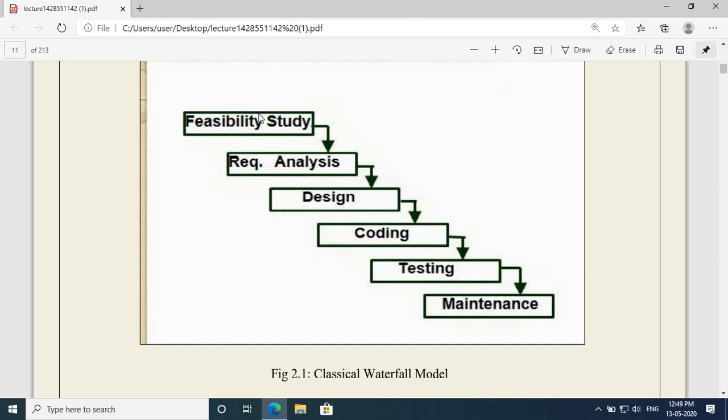And second, after full completion of the feasibility study, we can go to the requirement stage. After full completion of the requirement stage, we can go to the design stage. After full completion of the design stage, we can go to the coding phase. That means after completion of one stage, we can go to the next stage. The second drawback is that we cannot move backward. That means if during the testing phase there is a problem in the coding stage, we cannot move back to the coding stage. So this is all about the classical waterfall model.